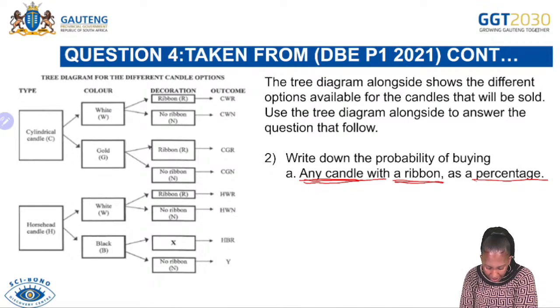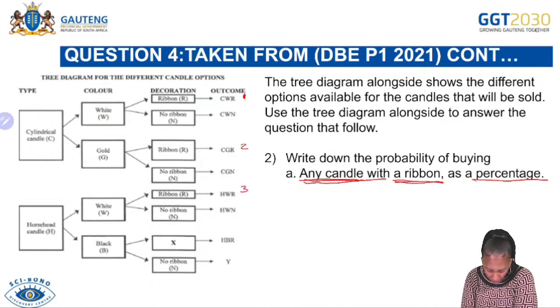So we have cylindrical candle, white with a ribbon, it's 1. We have cylindrical, white, no ribbon. Cylindrical, gold, ribbon, it's 2. And then we have cylindrical, gold, no ribbon. We have horsehead, white, ribbon, it's 3.